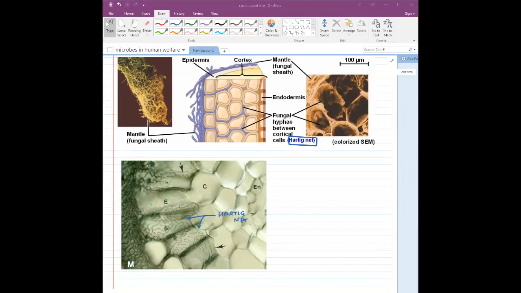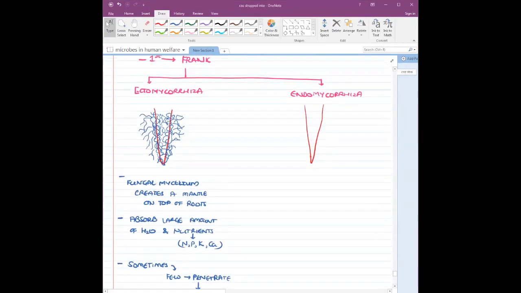But now let's move ahead, guys, and see the next thing. The next thing is your endomycorrhiza, and in endomycorrhiza, you are going to see something different happening.